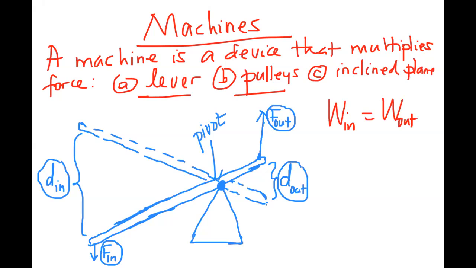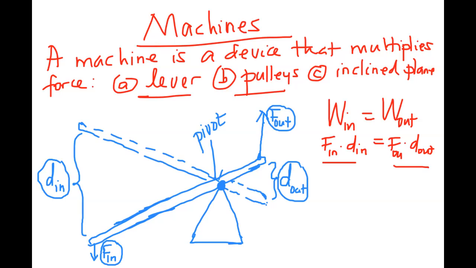That's impossible. So if I multiply the force input times the distance input, that work input must be equal to the force output times the distance output. This is assuming that there are no losses. We are going to see later on in this lesson what happens if friction or air resistance is taken into consideration in this kind of machine.